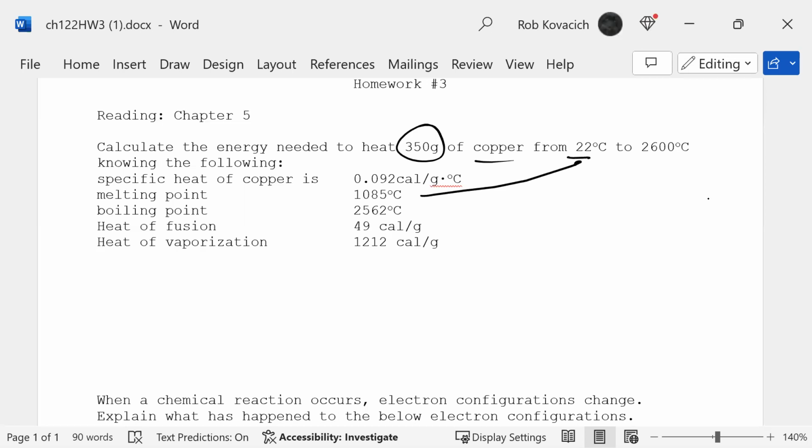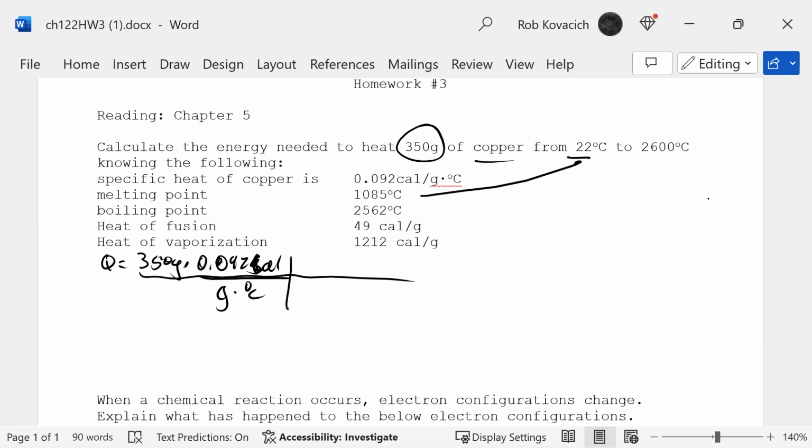So that's going to be Q equals 350 grams times 0.092 calories per gram degree C. Sorry, I said grams per centimeter at first.